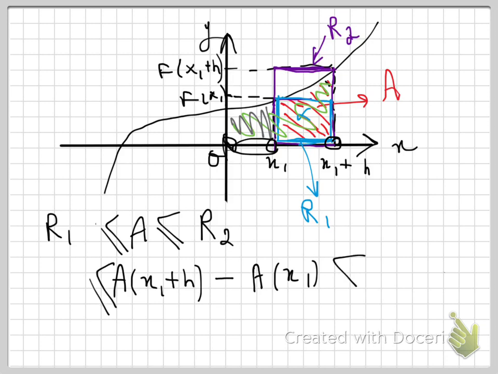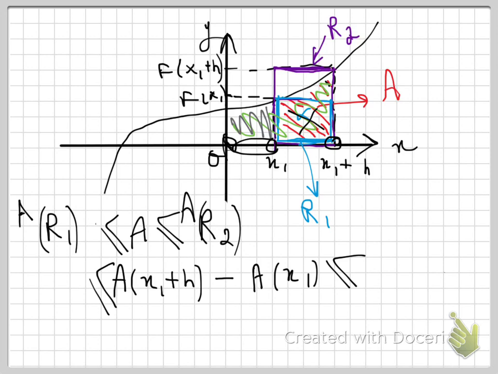Now, the area of the two rectangles. What is the area? Here we are, of course, interested in the area of R1 and the area of R2. The area of R1, which is the blue rectangle here. We know the area of a rectangle is base or length times width, right?